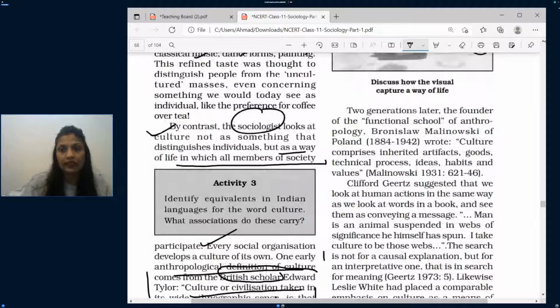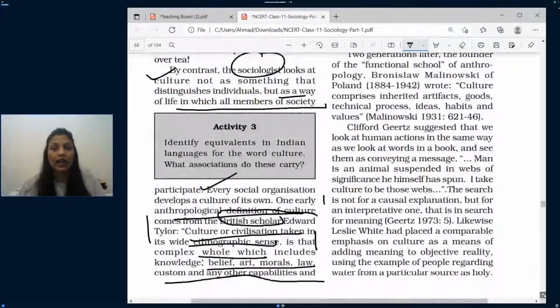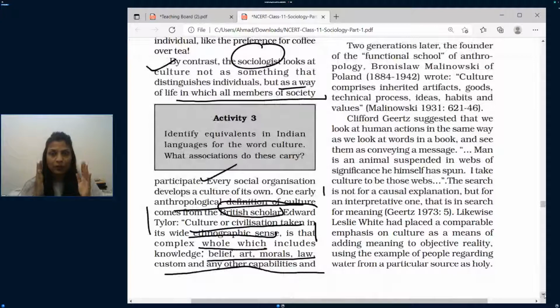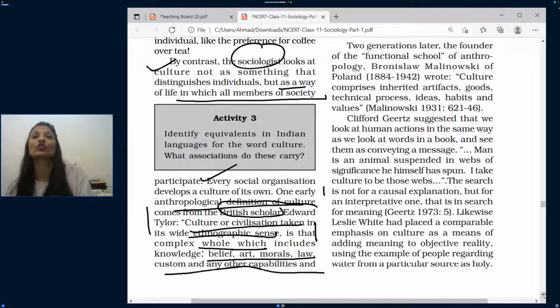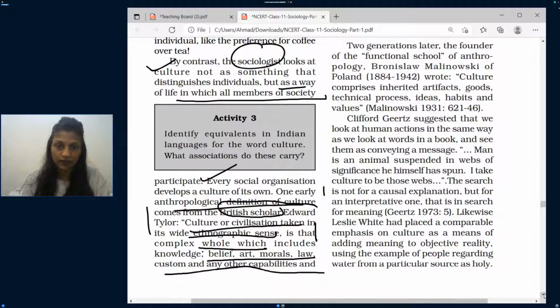Edward Tylor is saying that we need to understand what makes sense of a particular culture to its existence, so we need to conduct an ethnographic study. We have to understand what makes them bind together. What is their knowledge? What is their belief? What are their arts, their morals, their laws and customs?